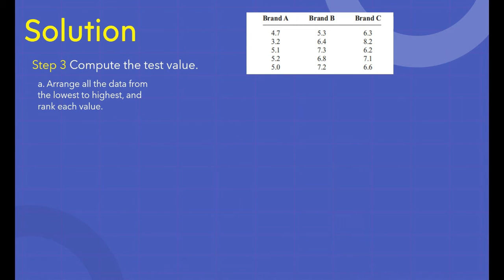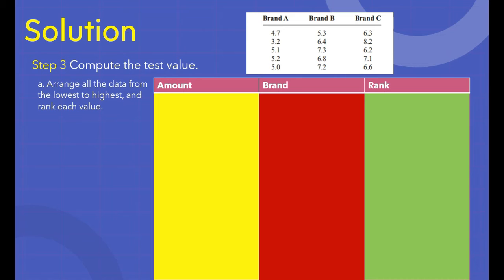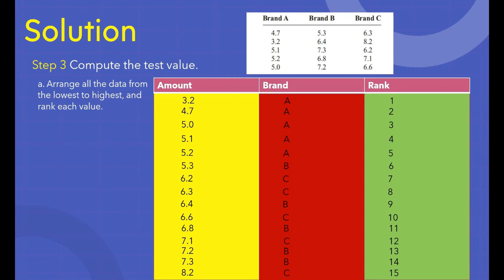So, here is our data, and we have a table below it. In the amount column, we will put the data from lowest to highest. And in the brand column, we will put which brand each value belongs to, A or B or C. Then in the rank column, since there are 15 samples, we will rank them from 1 to 15.